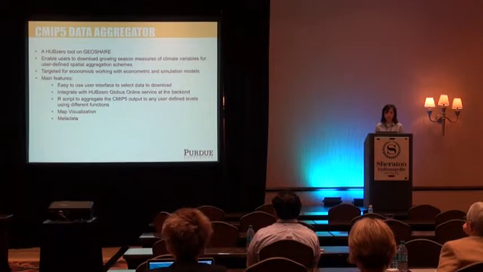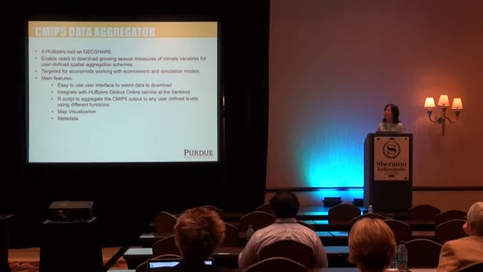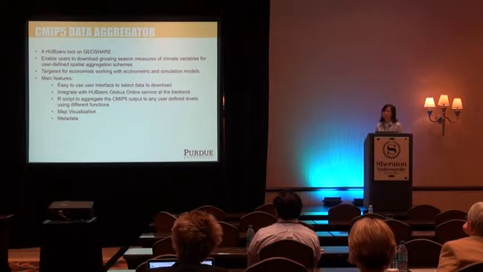I want to highlight several main features of our tool. First, it has a very easy-to-use interface that can help users easily select the data they want to access. Then it integrates the Globus Online service at the backend, which provides fast and reliable data transfer.